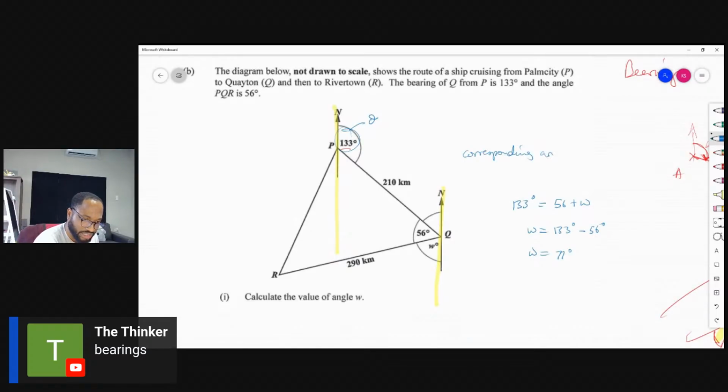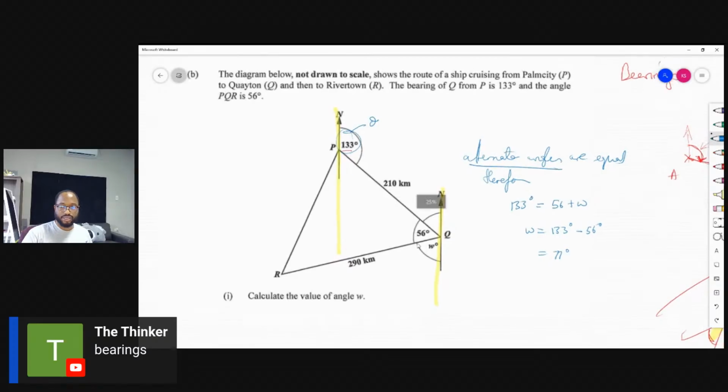No, those are alternate angles, sorry. Alternate angles are equal. So they want to see a little knowledge, showing how you equate those two things, so you want to write that.